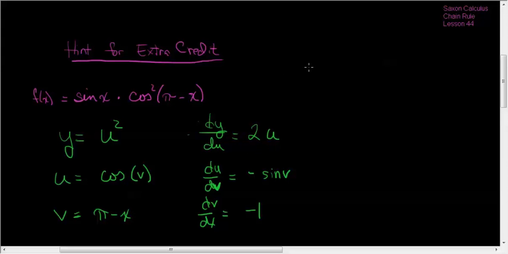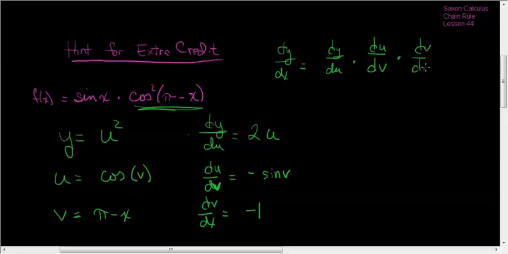So now to find dy dx, I'm just looking for the derivative of this one. Dy dx is going to be dy du times du dv times dv dx. You have to do this one 3 times, all right? So du's cancel, dv's cancel, leaving you with dy dx, which for this problem is what d2 is.